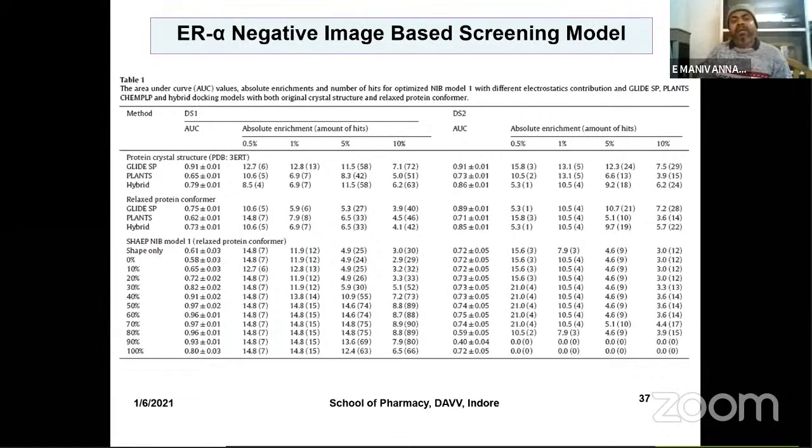Glide is a computationally more expensive approach than the negative image based approach. So that is the advantage. This is a very quick approach, the negative image based screening approach. So from this, I conclude that negative image based screening is better than the Glide approach.